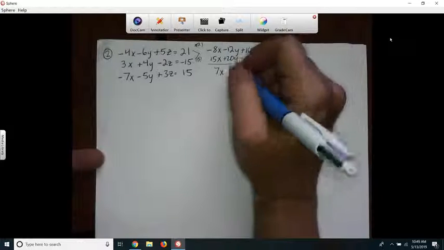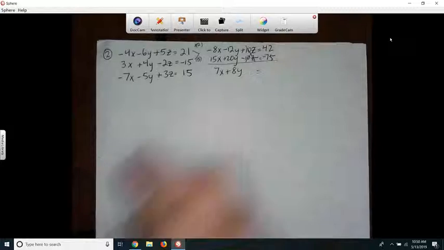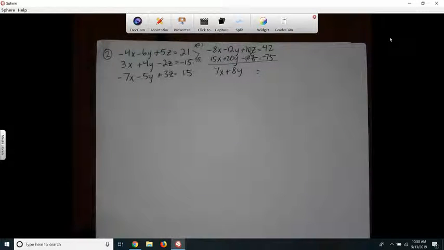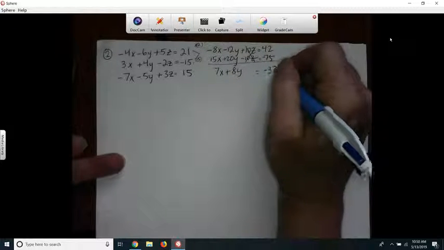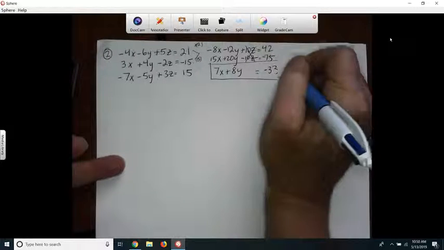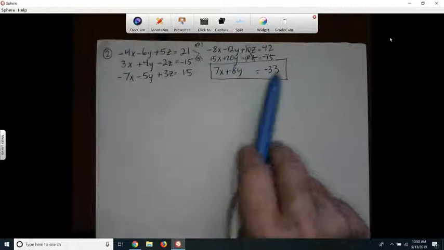So this is going to be 8y. So now I have an equation with 2 unknowns.